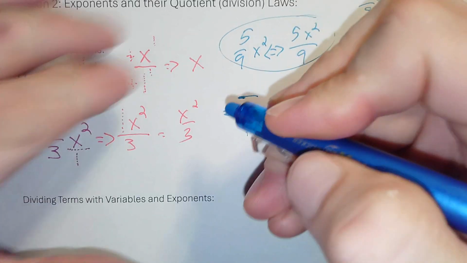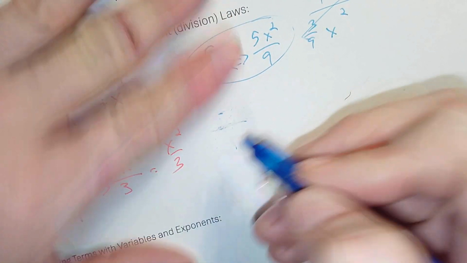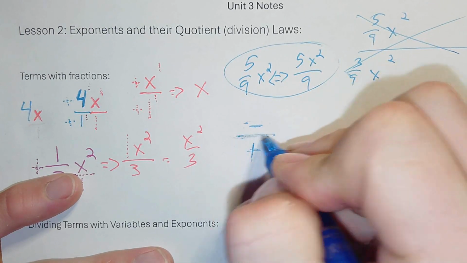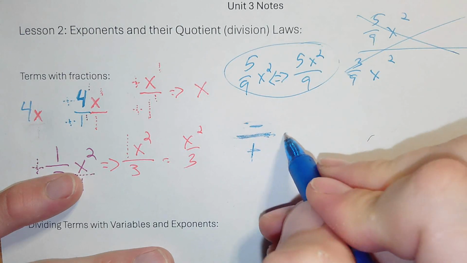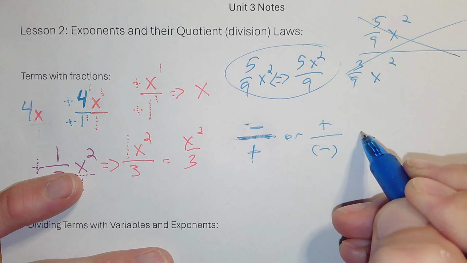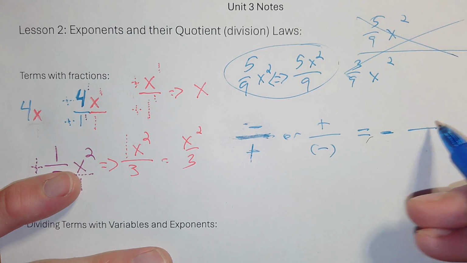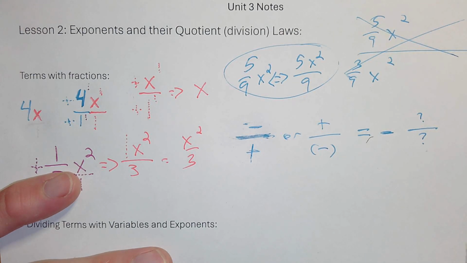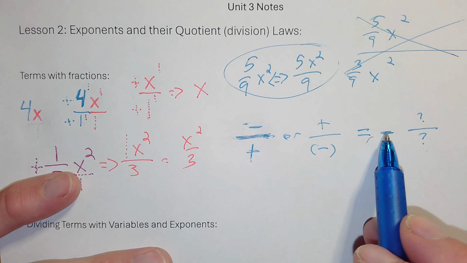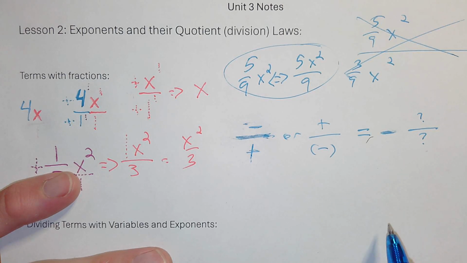So it'll be something like a negative over a positive, this is my fraction bar, or a positive over a negative. Either way, these equal a negative whatever the fraction is. You can just bring that negative sign out and leave it be, and continue to follow it down in your lines of algebra.